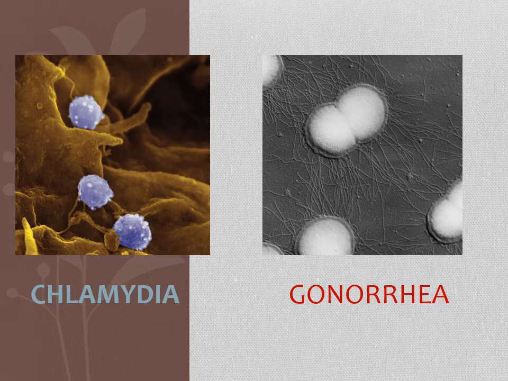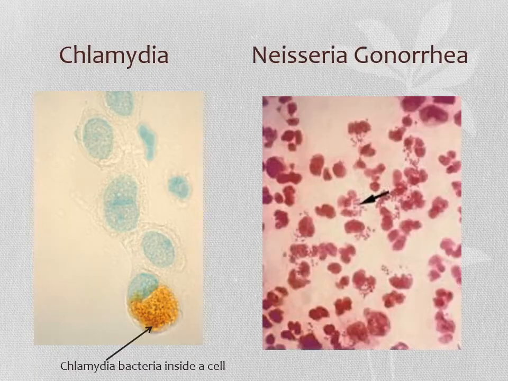They're little teeny bacteria. Gonorrhea often comes in these kind of two little round bacteria that are kind of hooked together called diplococci. Chlamydia is usually just round. This is what they look like inside of cells. So what's interesting about these bacteria is they have to get inside of and live inside of a cell.